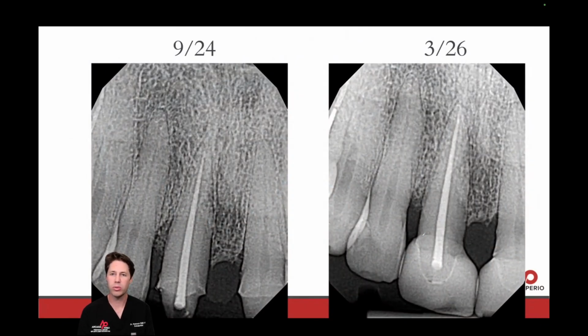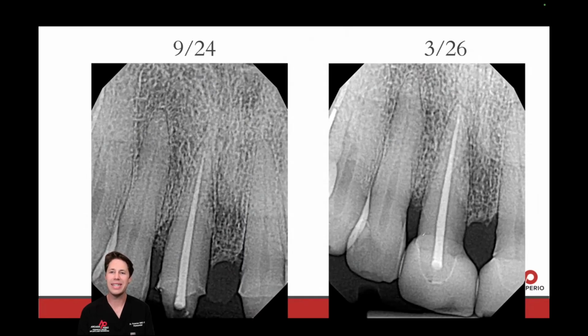An incredible result. Again, not only radiographically, but also clinically. Minimal tissue shrinkage. This is why the laser assisted regeneration protocol or LANAP should be your number one treatment modality and your number one line of defense when it comes to management of periodontal defects in the anterior aesthetic zone.